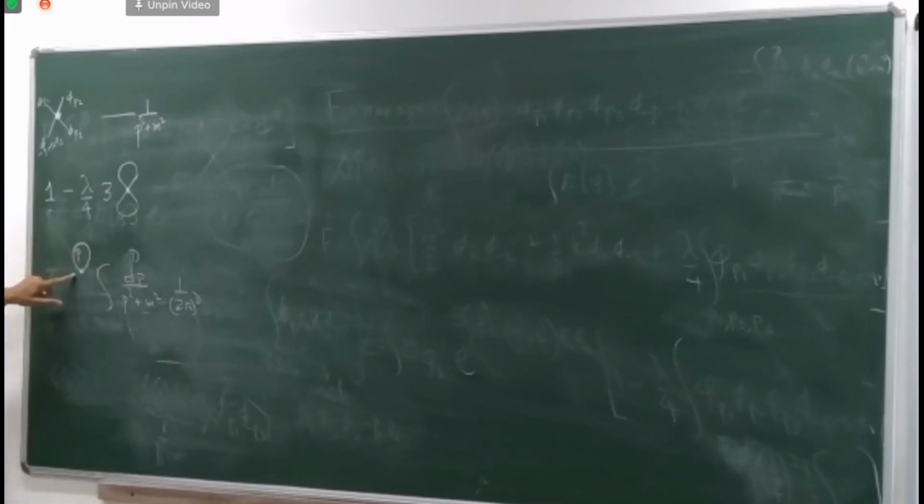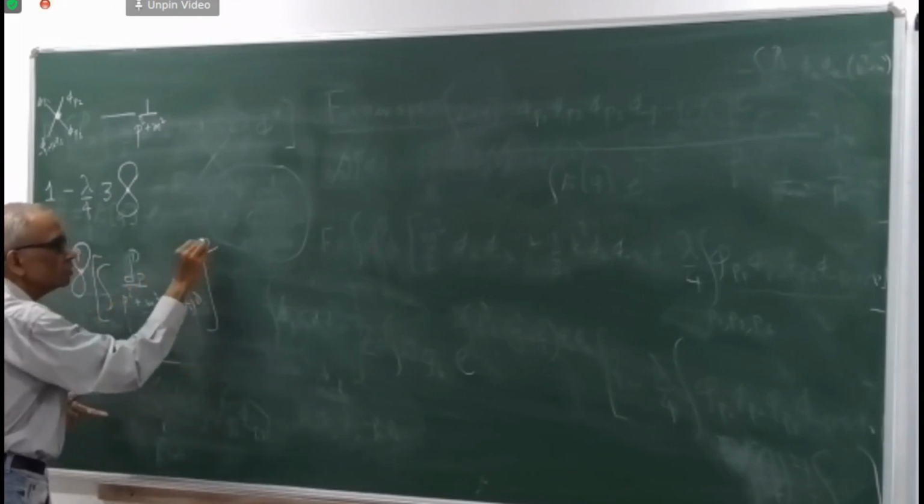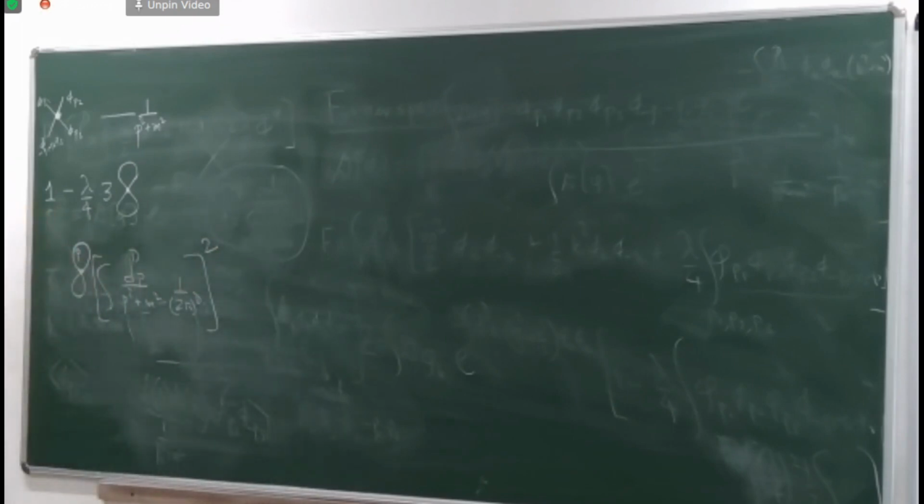So this closed single loop is this integral over here: 1 over P square plus M square, and you have to integrate over it. So this one translates into 2 of these, which is a square over here.